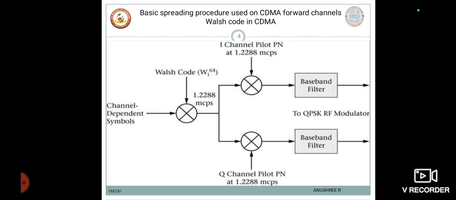In IS-95 CDMA, forward channels exist between the CDMA base station and the subscriber devices. The first CDMA systems use the same frequency spectrum as the AMPS and NA-TDMA systems. The IS-95 signal occupies a bandwidth of approximately 1.25 MHz, whereas the AMPS and NA-TDMA system standards each specify a signal bandwidth of 30 kHz.